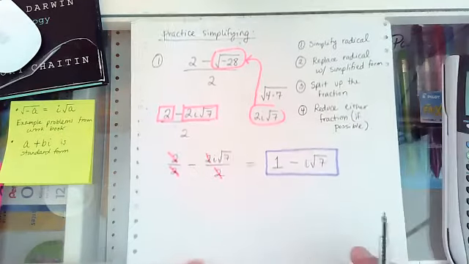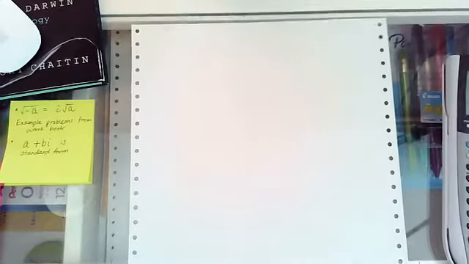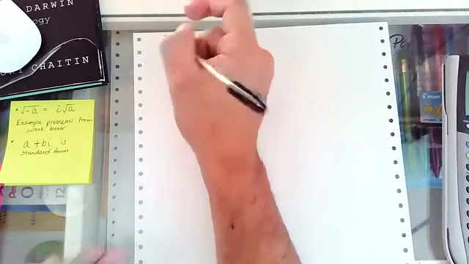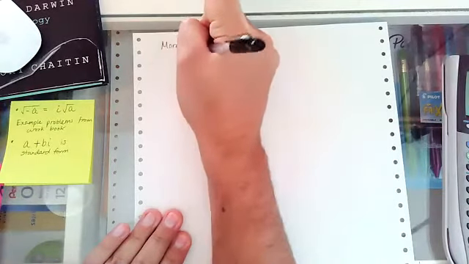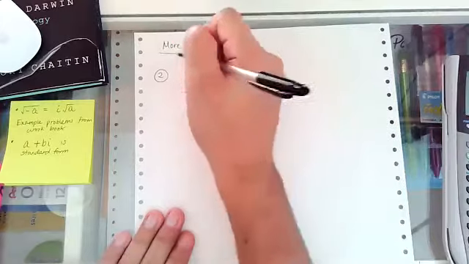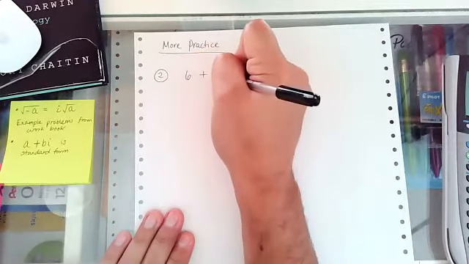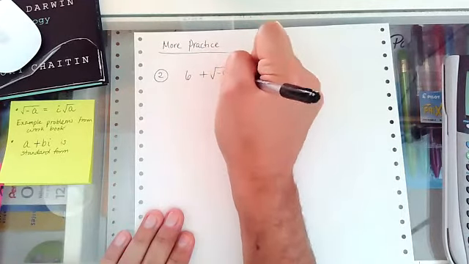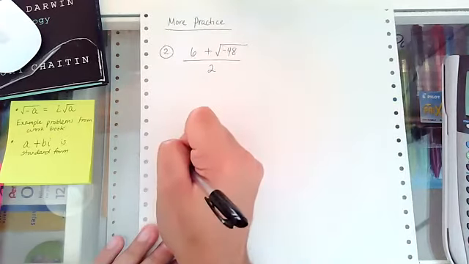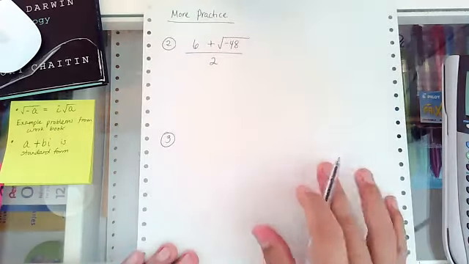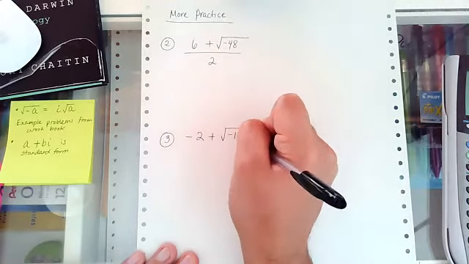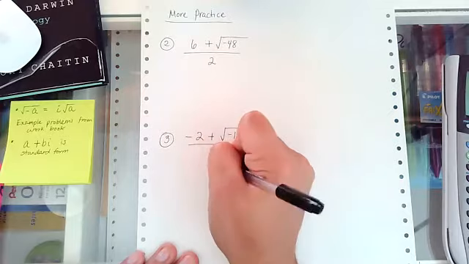So let me give you some more practice problems. That was one. More practice. 2, 6 plus the square root of negative 48 over 2. 3, negative 2 plus the square root of negative 12 over 16.